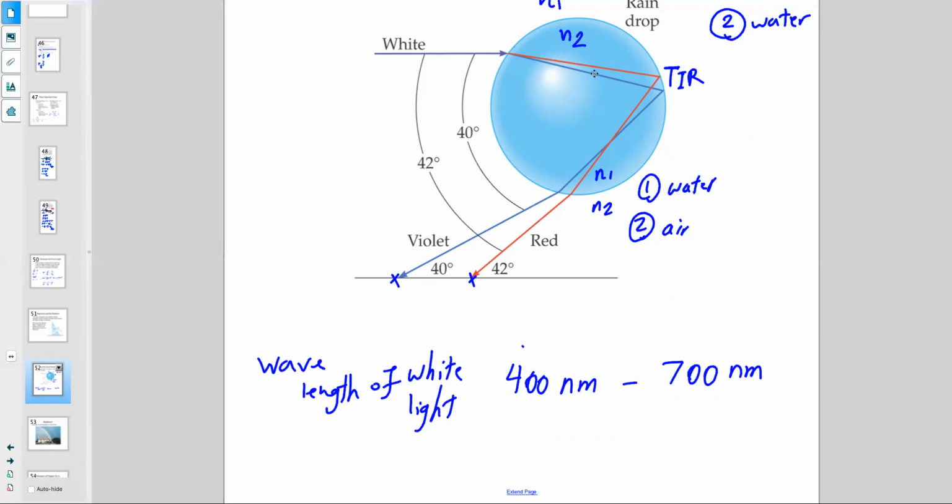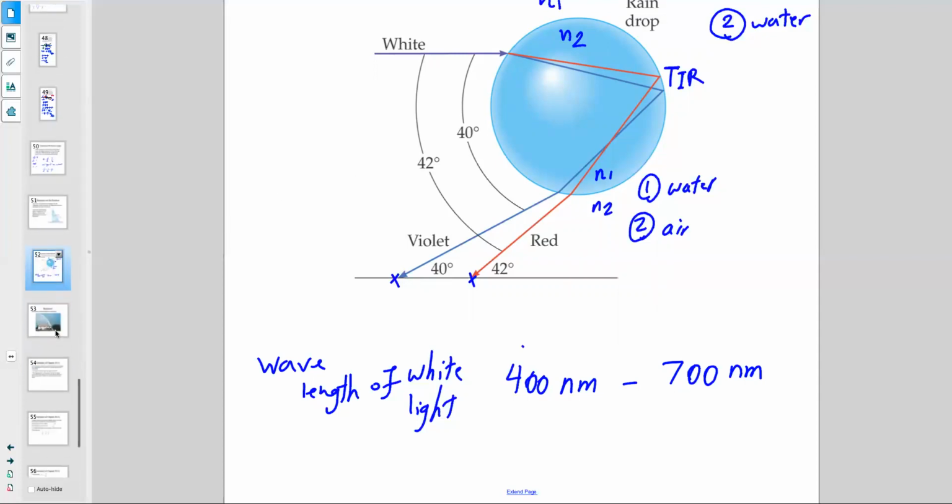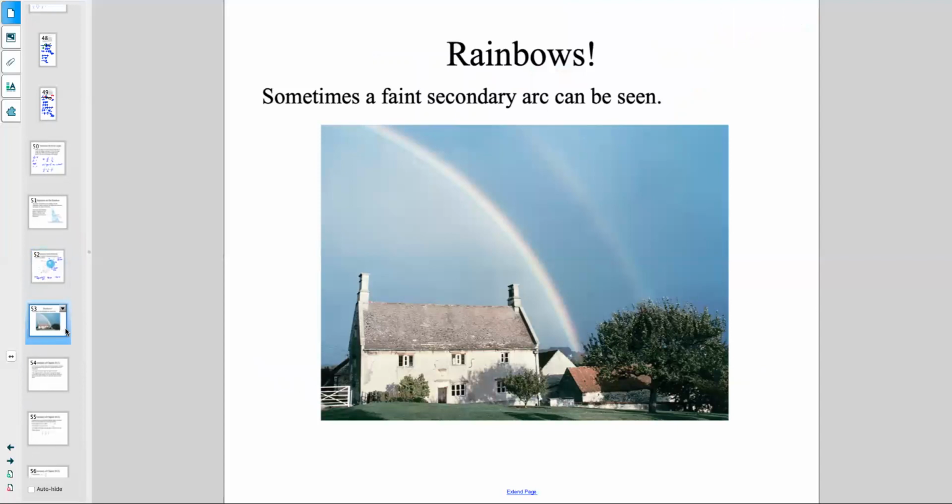So that's why there is a huge difference, because the index of refraction for the red would be different compared with the blue, because they have a different frequency. Sometimes there is a second rainbow, a fainter rainbow in the background. One would be stronger than the other one. This is something cool. If you haven't seen it, next time there is a rainbow, go ahead and search for the second fainter rainbow around it.